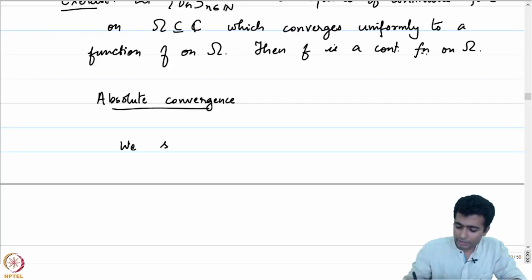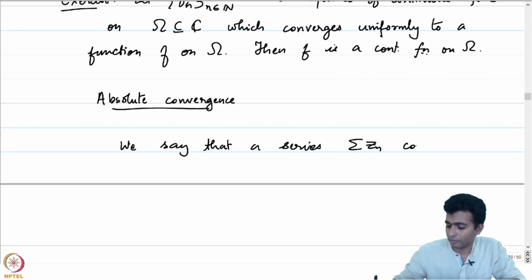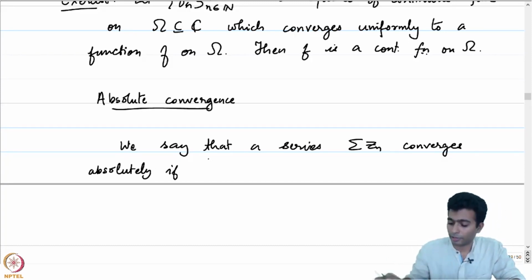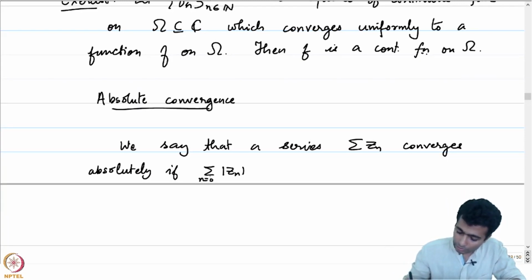We say that a series summation Zn converges absolutely if the series summation of the absolute value of Zn converges. The word absolute is coming from here, n equal to 0 to infinity or 1 to infinity. It doesn't matter. Let me put 1 for consistency.